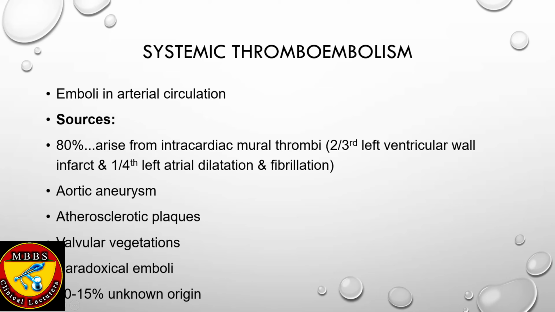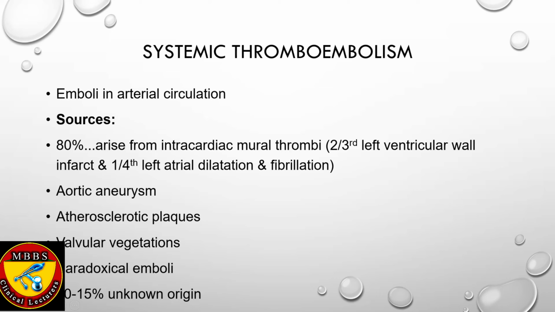So these thrombi are present within the cardiac wall, which can become the embolus, right? Out of them, two-thirds are associated with left ventricular wall infarct, and one-fourth of these cardiac thrombi which become emboli are associated with left atrial dilatation and fibrillation.